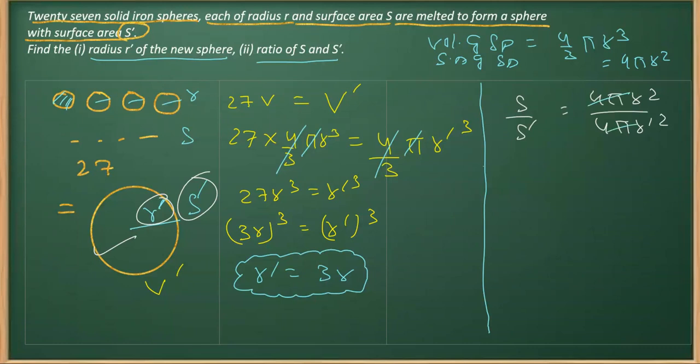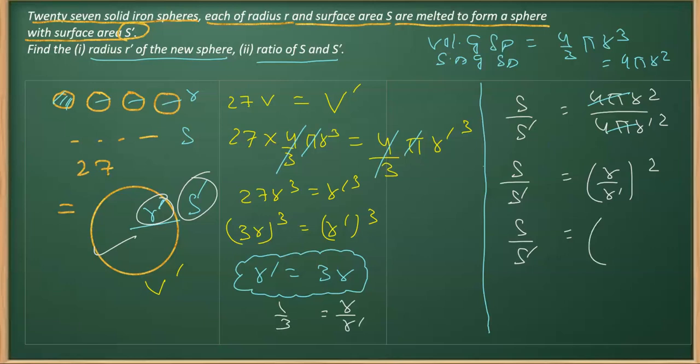Now 4 pi gets cancelled. So s over s dash is equal to r over r dash whole square. Now we can replace this ratio. As you can see, we need the ratio of r over r dash. Transposing r dash to the other side and the 3 to the other side, r over r dash is 1 over 3.